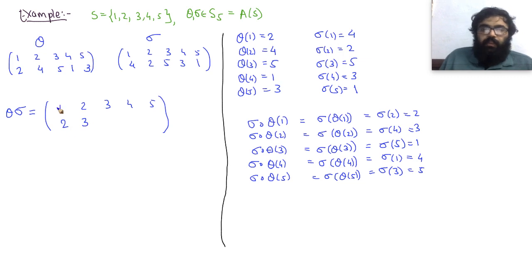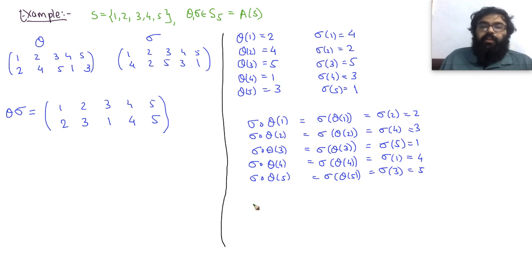Is it clear? 3 goes to 5, 5 goes to 1, so 3 goes to 1. 4 goes to 1, 1 goes to 4, so 4 goes to 4. 5 goes to 3, 3 is mapped to 5, so 5 is mapped to 5. So what we have? 2, 3, 1, 4, 5. Yes, full marks. Not full marks, half marks, because we still have to compute the other product.